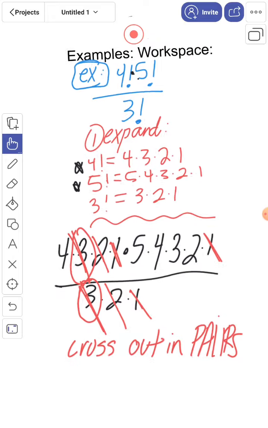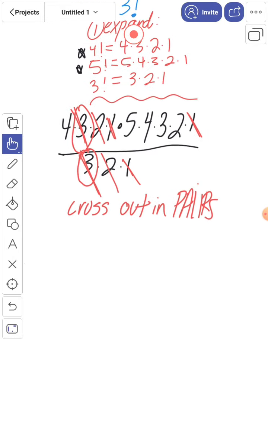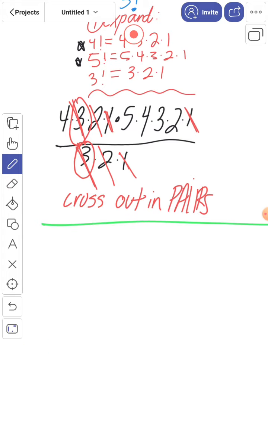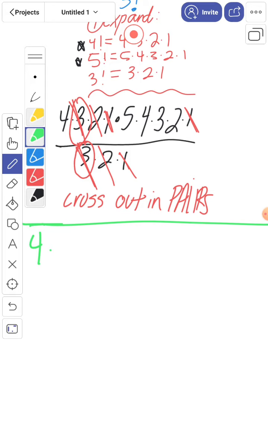Alrighty. And so we're almost done. So I'm going to rewrite my problem. Okay, so my new problem is 4 times 5 times 4, 4 times 5 times 4 times 3 times 2.